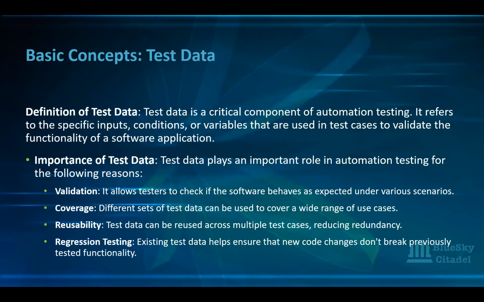Once you've identified your regression items, your existing test data will help you ensure that if there is any code change or a new deployment, any change that the developer has implemented, your previously tested functionality is not impacted.